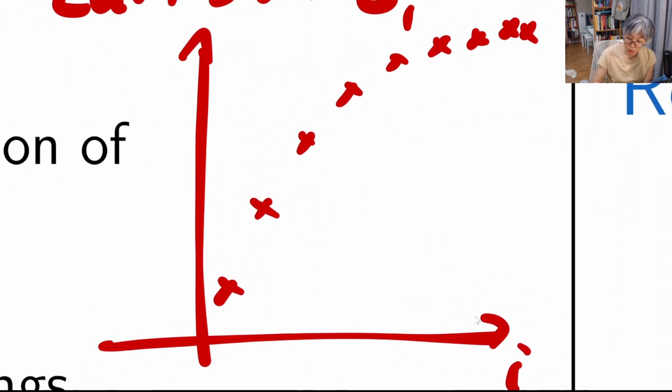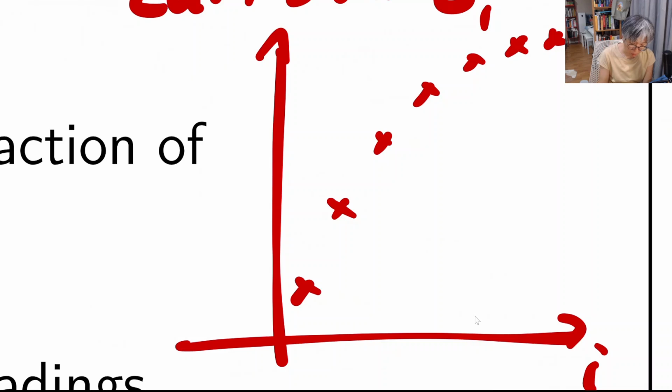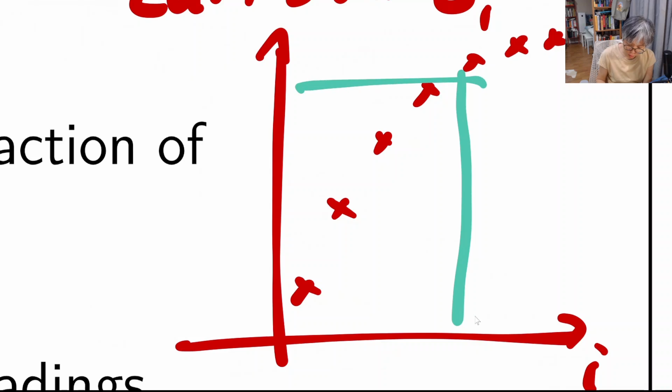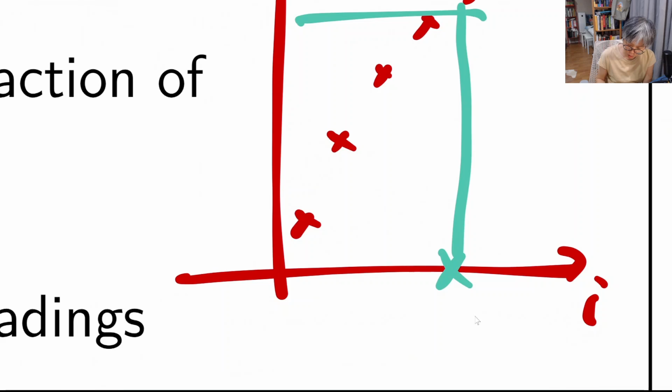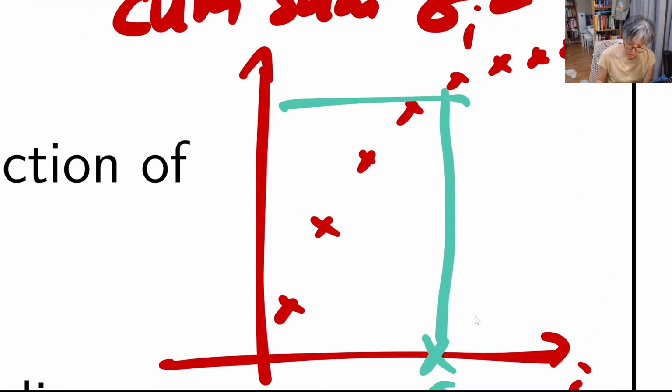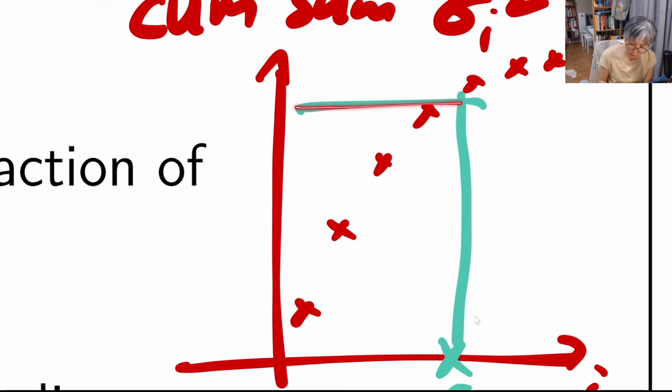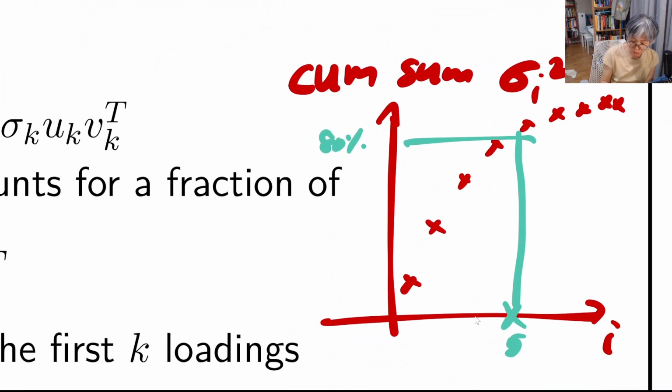But probably you don't have to use them all. From this graph, you can see that if I use around 4 or 5, you get almost 80% of the total variance. So why don't we reduce to use only the first 5 features?